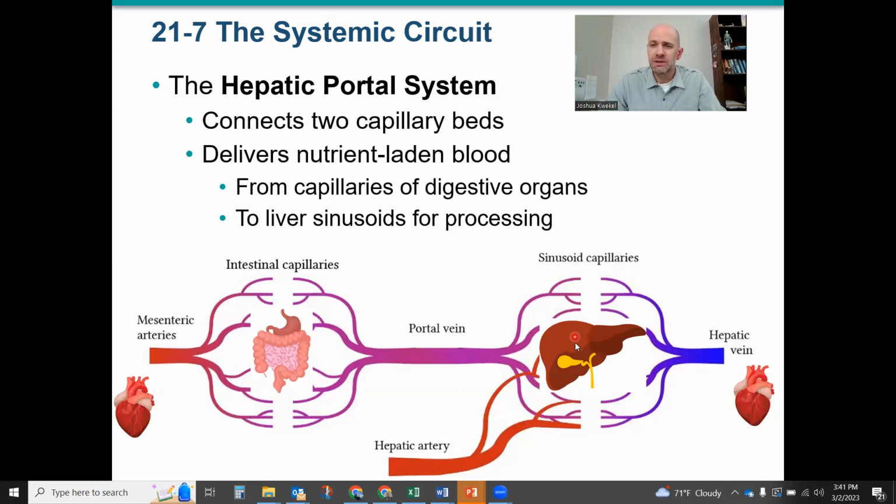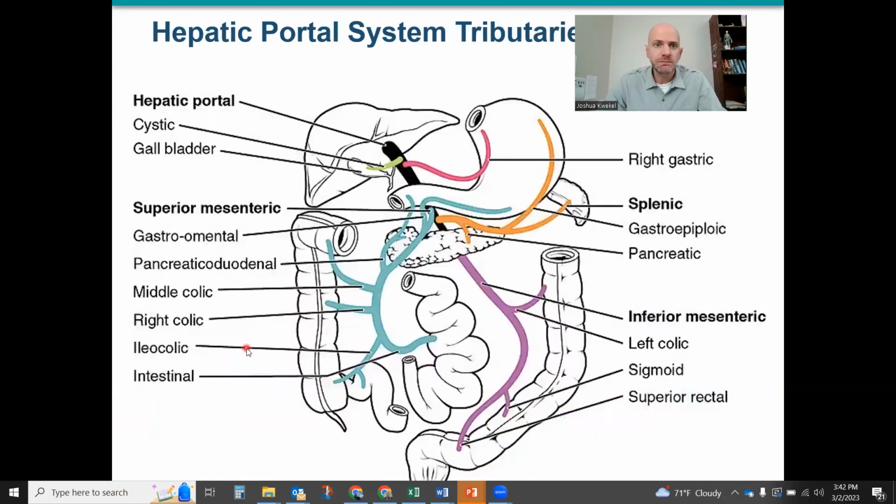Part of what the liver is doing is filtering the blood and removing wastes that will be made into bile. That bile leaves in the bile duct, and you could think of it as looping back into the GI tract, because we get rid of bile in our feces. But the hepatic vein is taking the blood from the liver back to the heart, and then we start this loop all over again.